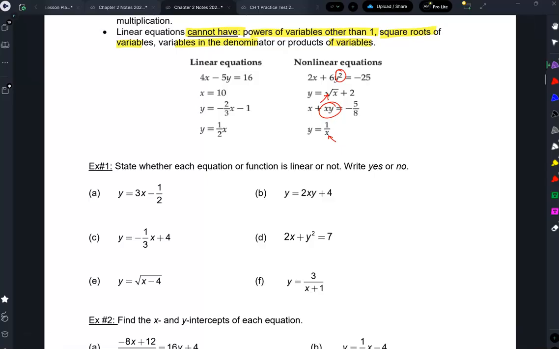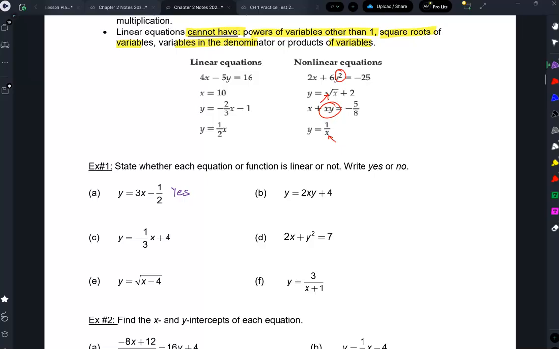So we have to decide whether each of these are linear. Okay, so Elias, what about the first one? Is it linear? Yes. Okay, Luke, what about the second one?